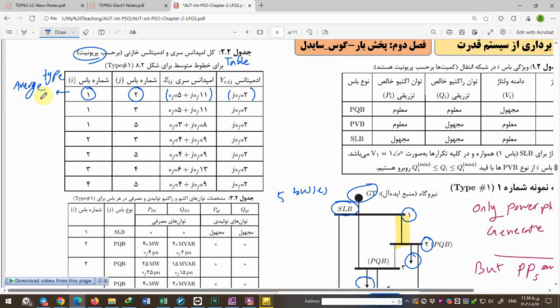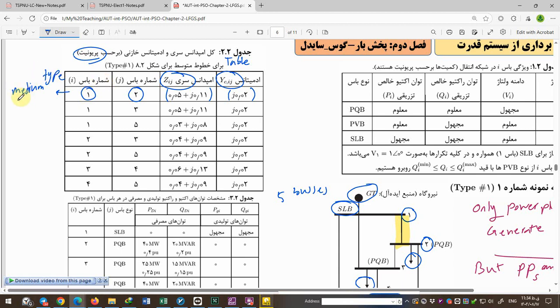We have 3 types of transmission line. The short one is a short transmission line. The average type or medium type is modeled with series impedance, and the parallel or shunt admittances are located at the end and the beginning of the transmission line.